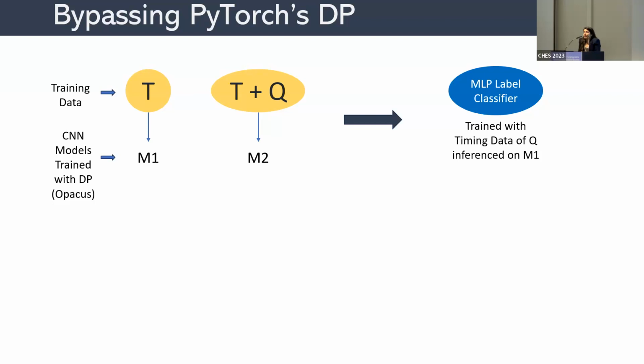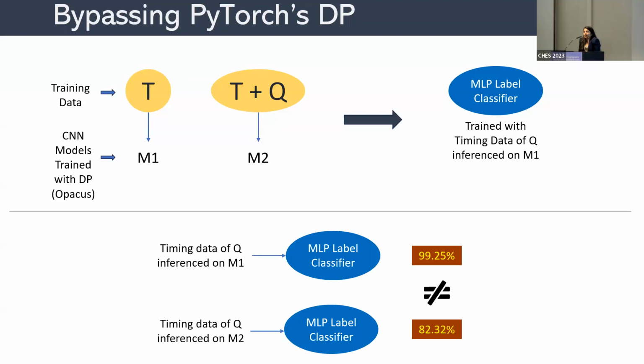Now, the MLP label classifier which we saw earlier, which was able to distinguish between classes based on timing, we again use here. We trained this MLP classifier with the timing data of Q inferenced on M1, so M1 is trained on T. Now, for the testing part, we took the timing data of Q inferenced on M1.